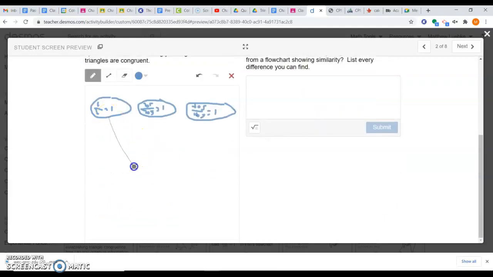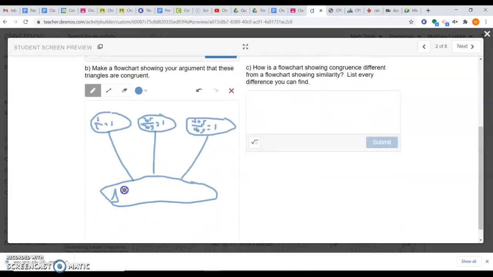Okay, then I'm going to draw my lines to my conclusion, and my conclusion bubble goes down below. My conclusion is going to be triangle ABC. Again, sorry for the bad handwriting. It is congruent to, and remember to use your congruent sign here, the sign matters.